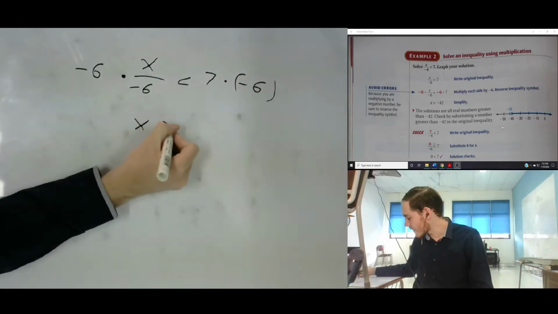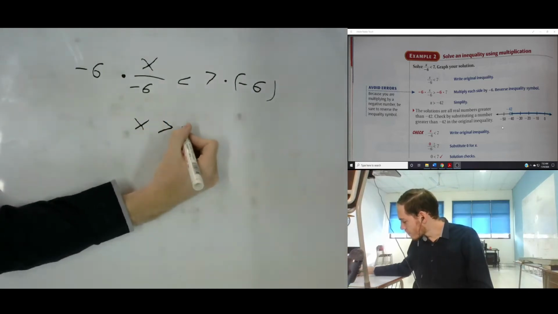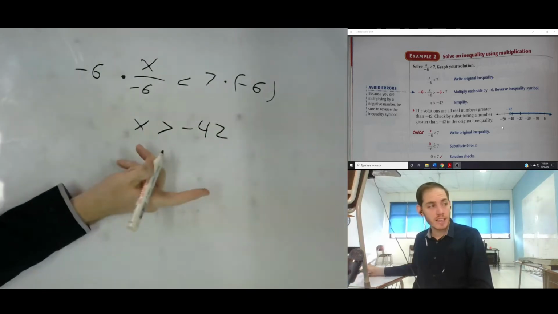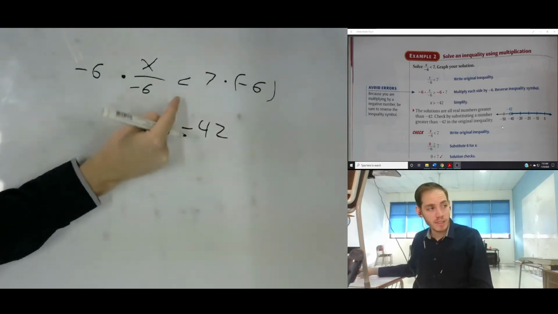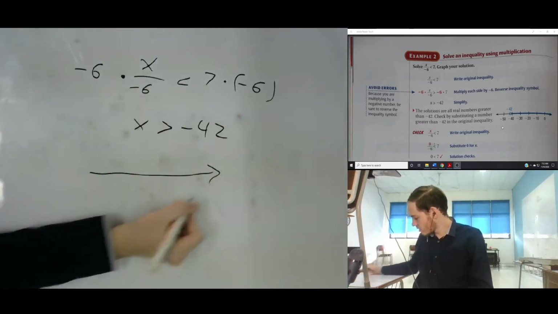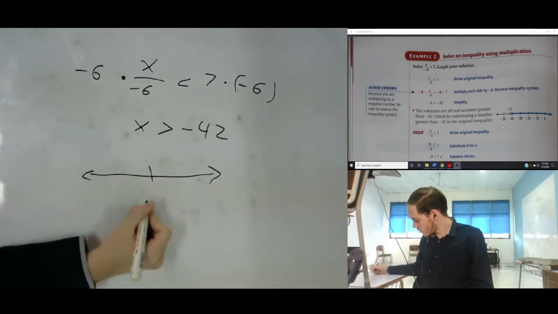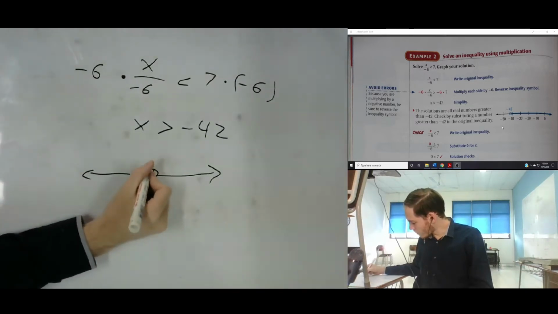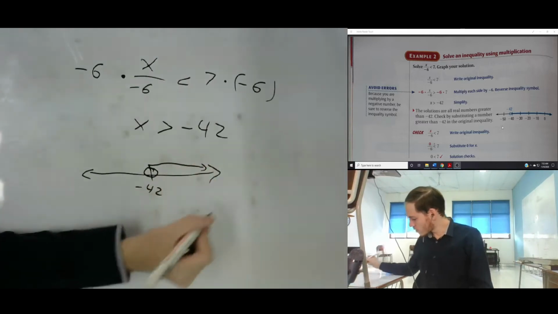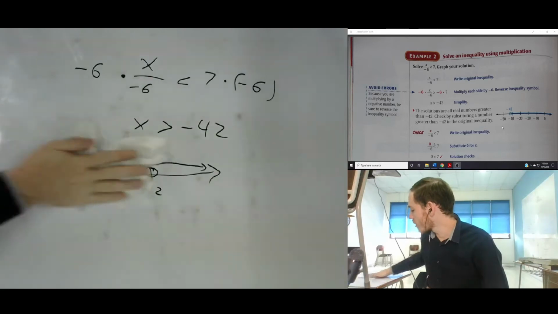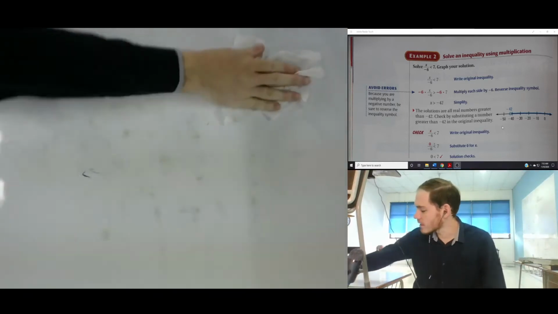So now it's x is greater than -42. Because we multiplied by a negative on both sides, the sign switches. So this is -42, open circle to the right. You can check your work if you need to, and it works the same way when checking your solution.